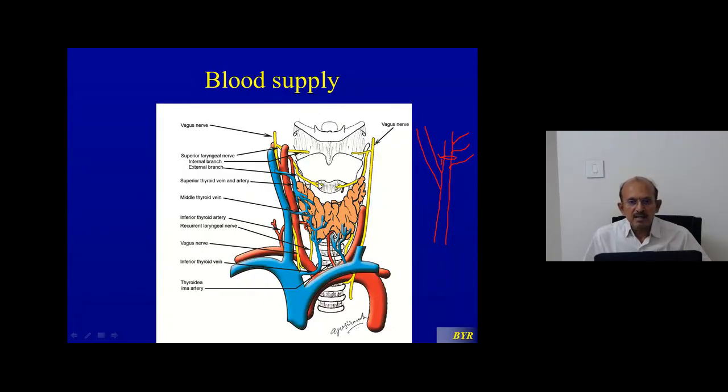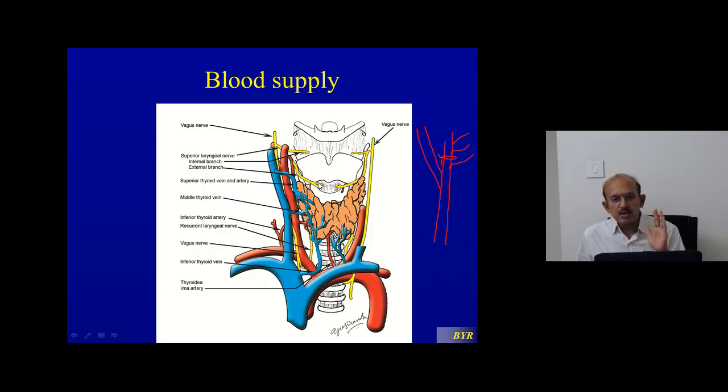The importance of thyroid surgery: it is a very small gland. It weighs only about 20 grams. It occupies one full chapter in surgery. It is one of the most important topics for the undergraduate and postgraduate students of surgery.